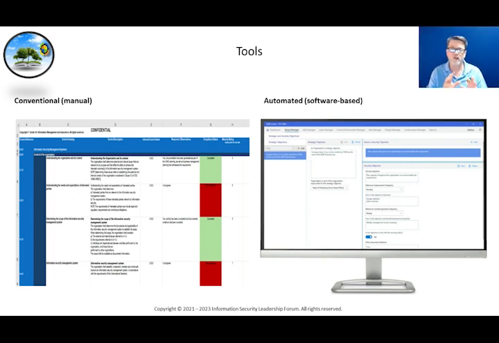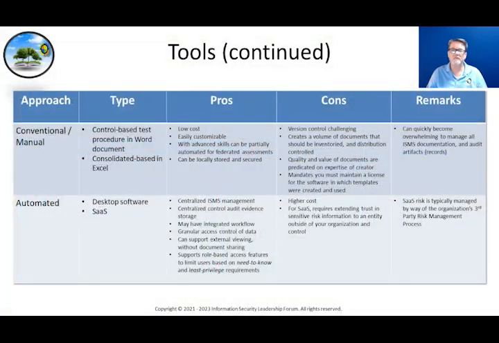What you see on the left is a snapshot or an excerpt from a spreadsheet, which a lot of organizations historically have used. And on the right side, this is a screen capture of an automated tool that you might have. So we're going to talk a little bit more about the differences in the same format that we used just a minute ago.